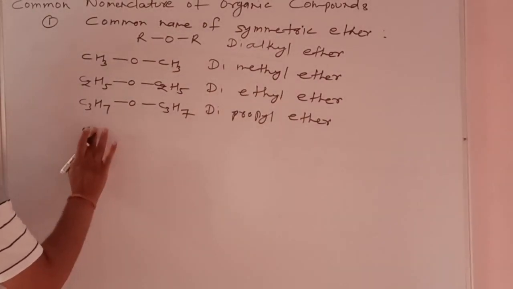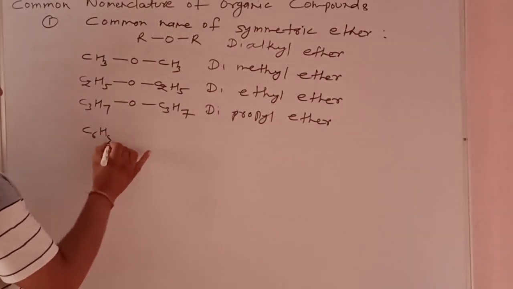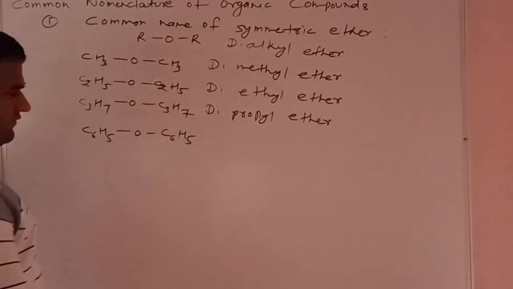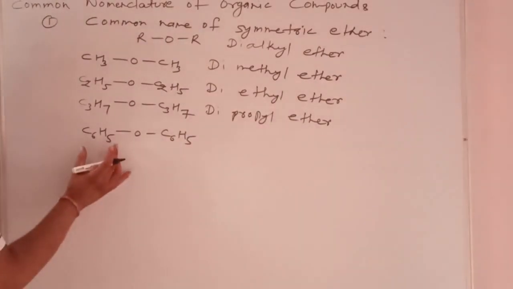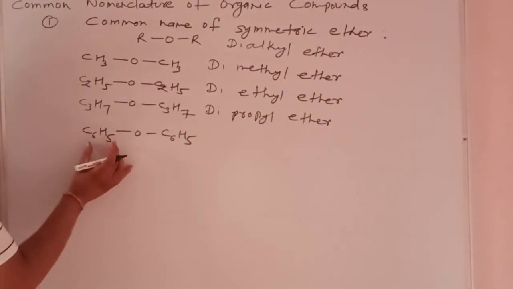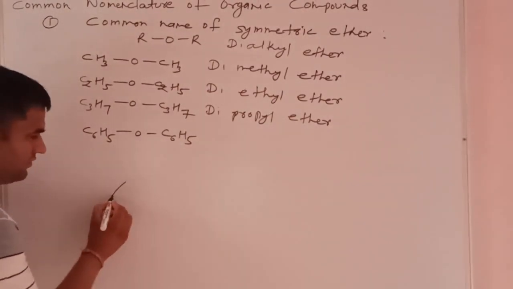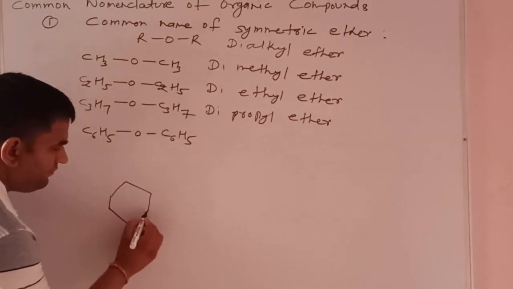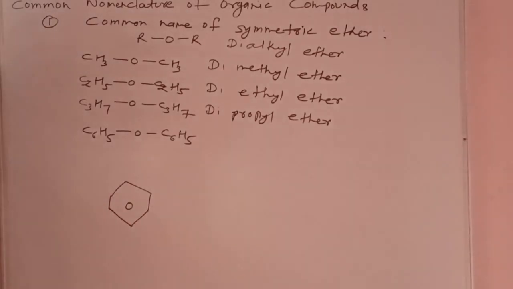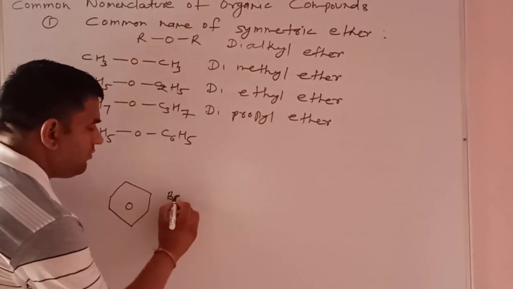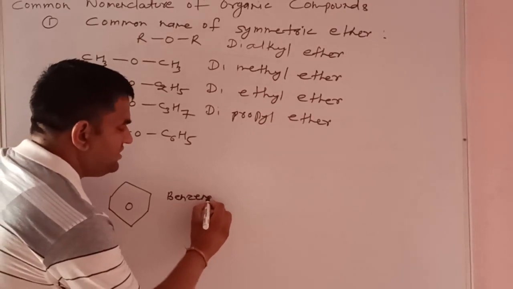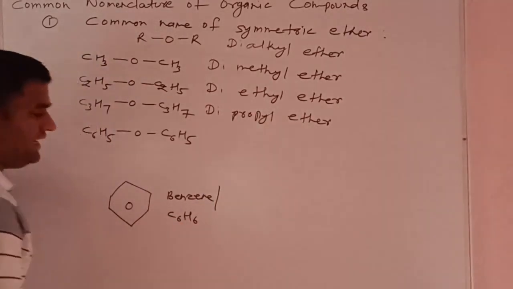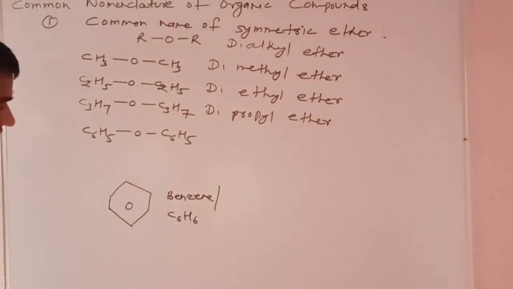Next is C6H5OC6H5. In this ether, C6H5 is taken from the benzene ring. This organic compound is called benzene and the molecular formula of benzene is C6H6.